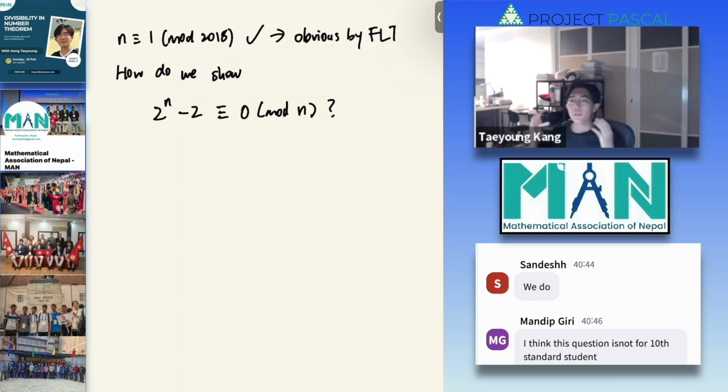Okay, so the way you do this is, firstly, notice (2 to the power of 2018 minus 1) over 3 is congruent to n mod n.